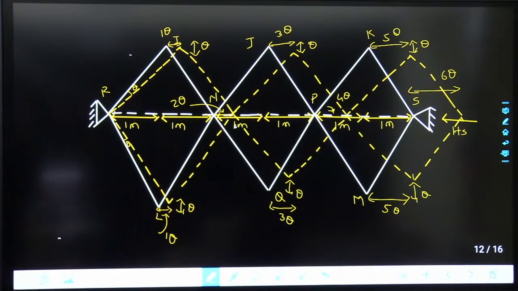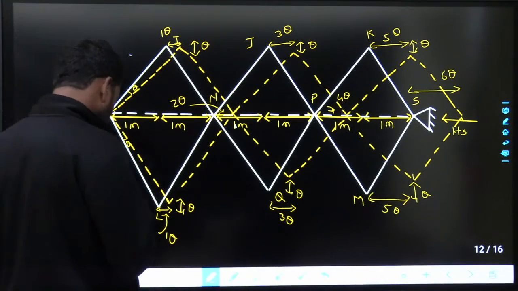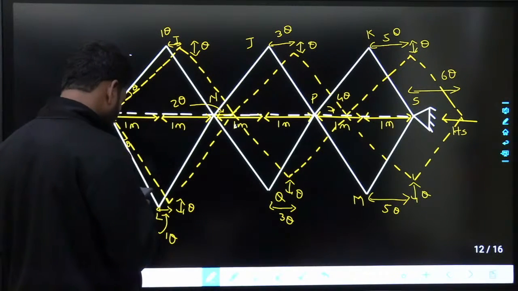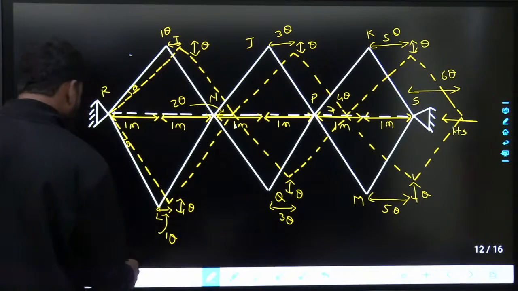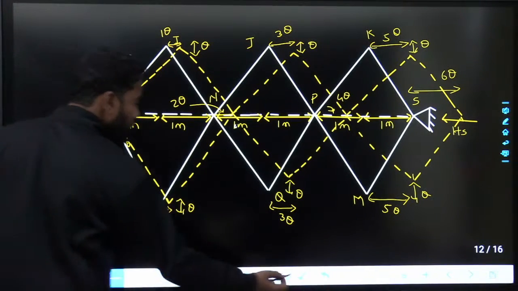Is the distance given? Yeah, vertical distance is given to you.